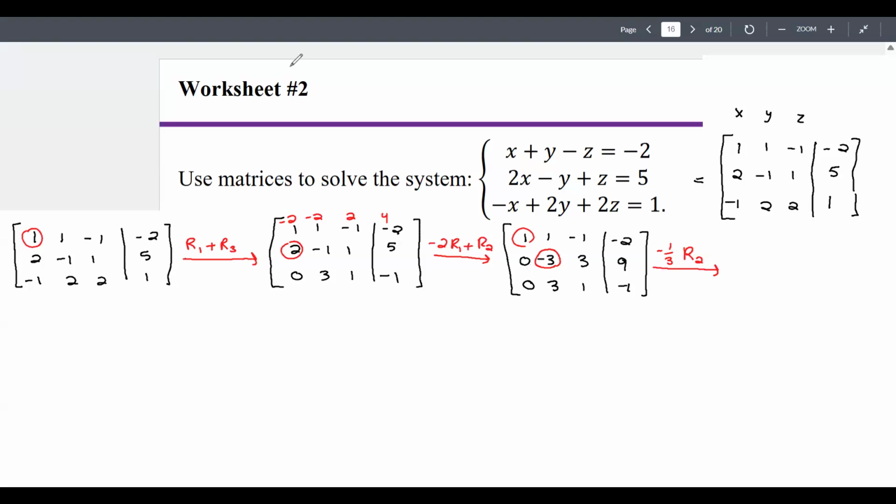I could just add them together the way they are. Technically, I should convert it as soon as I can. This is going to be silly here in a second. 0, this will be 1. 3 times -1/3 is going to be a -1. 9 times -1/3 is a -3.